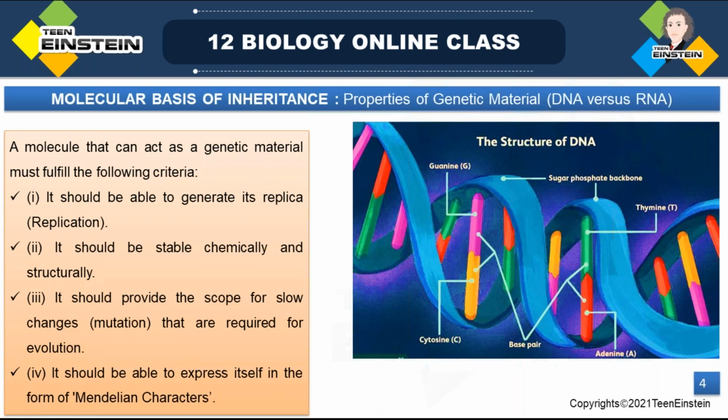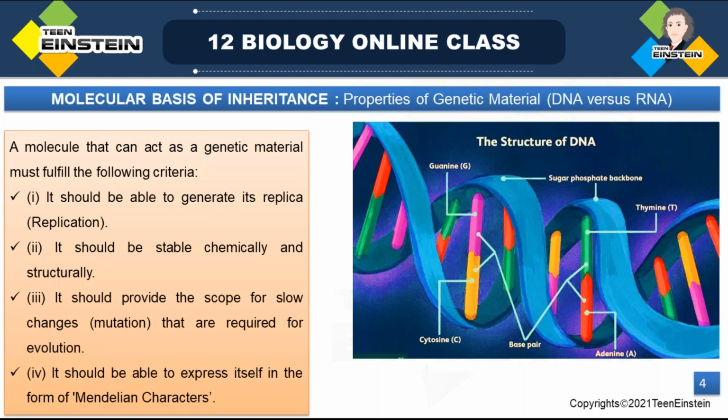The second point is it should be stable chemically and structurally. What do you mean by this? The chemical stability or structural stability. That means genetic material should have a stable nature, so that it should not change with the different stages of life cycle.